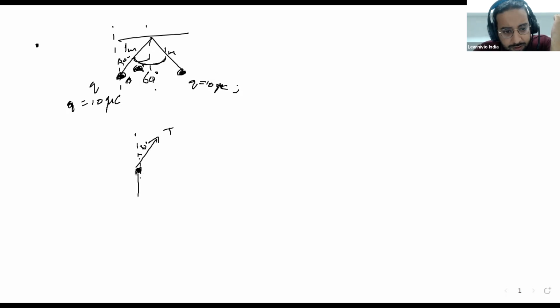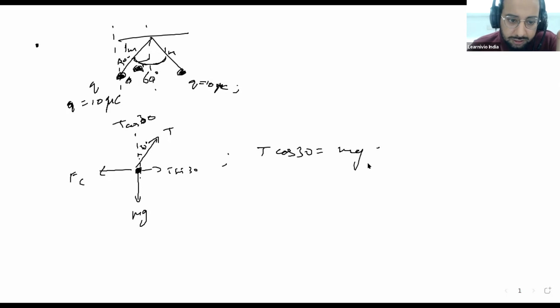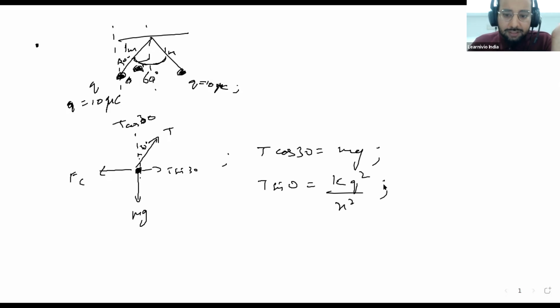Essentially, what you have is this, right? You have the Coulomb force here, and T cos 30 degrees and T sine 30 degrees. It's exactly the same process that we are doing. We have T cos 30 equal to mg and T sine 30 equal to k q square over x squared.